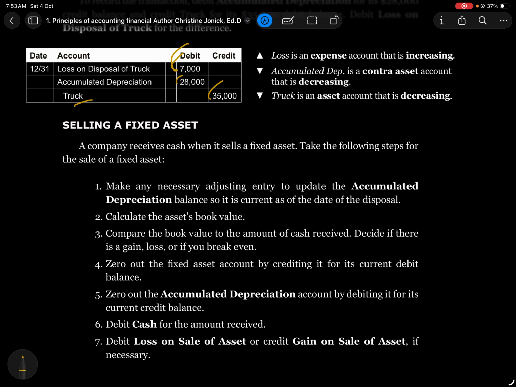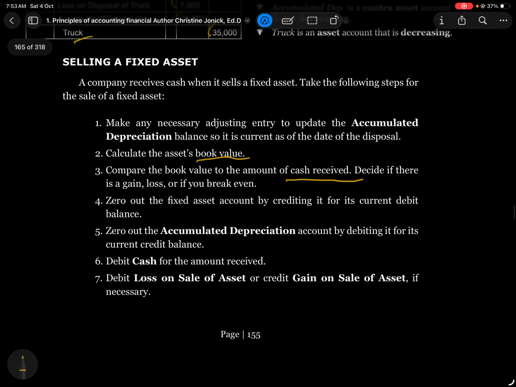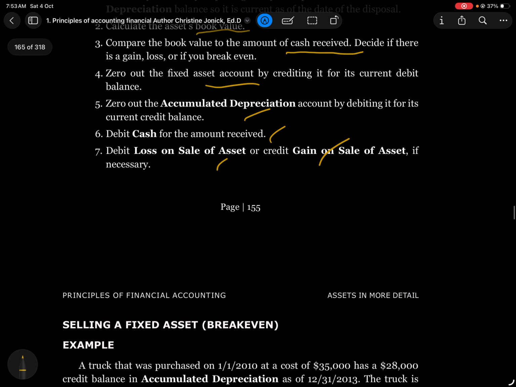So normally we determine the book value, compare it to the cash received. Based on that, we can determine if it's a break even, gain or loss. Okay. So normally we zero out the fixed assets by crediting it, zero out accumulated depreciation by debiting it, debiting cash, debiting loss or crediting gain. All right.